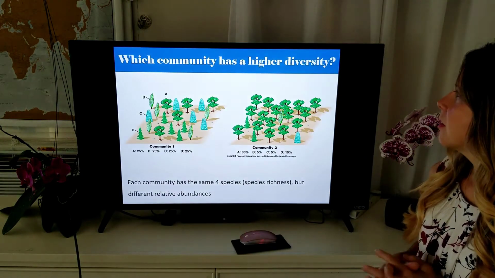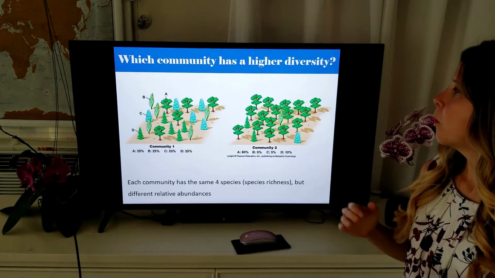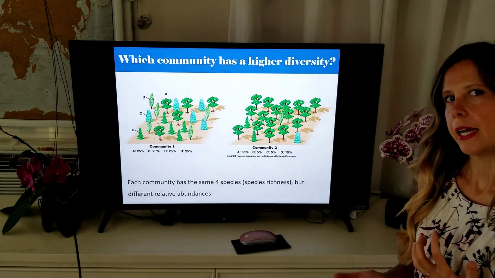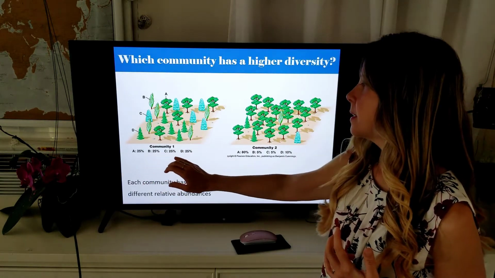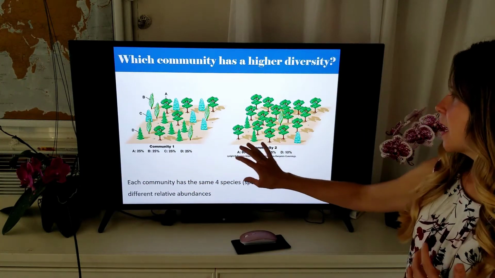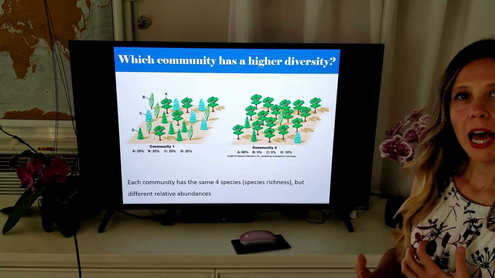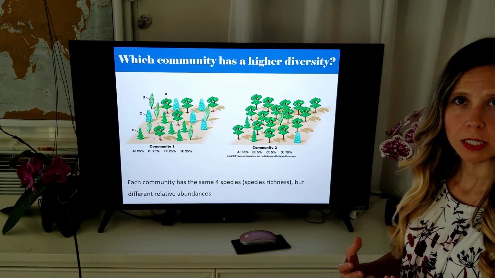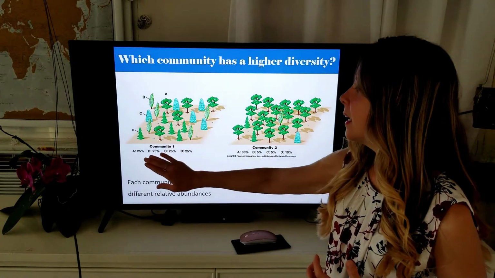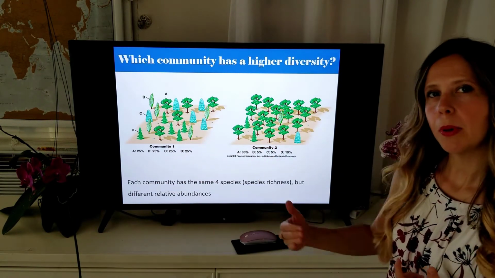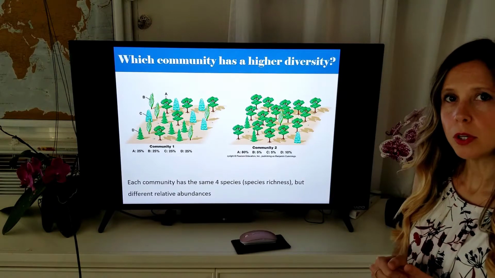Alright, so let's have a look at this example, deciding which of these two communities has a higher diversity. If we look at community 1, we have species A, B, C, and D, and we find the same in community 2. So they have the same species richness. Now we need to look at the relative abundance. In community 1, each of those species is occupying 25% of the community.